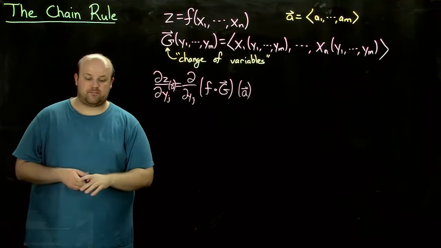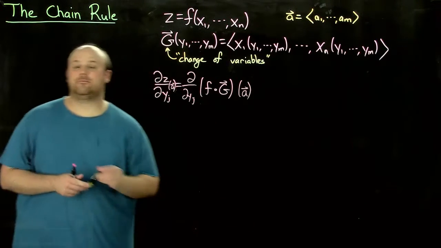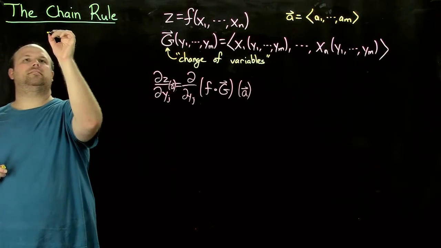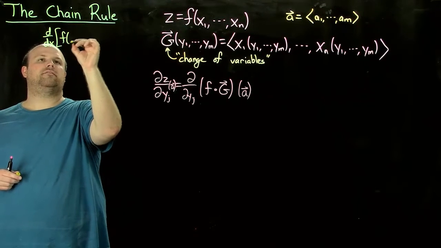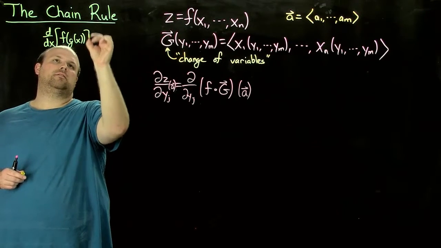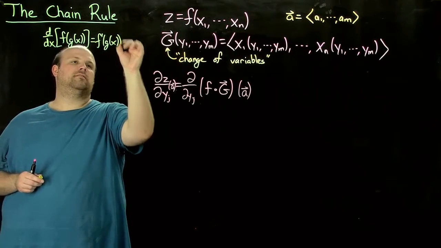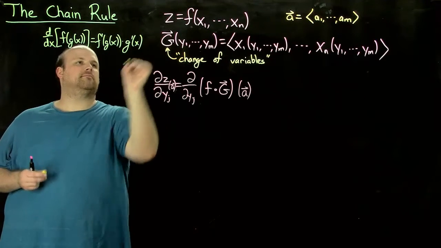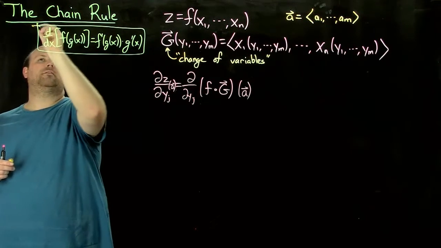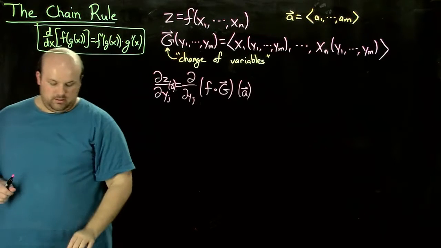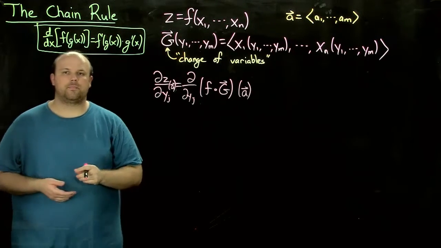So if you remember back from regular calculus, Calc 1, you might remember that dx of f of g of x was f prime of g of x times g prime of x. Right? Well, how does it look here?